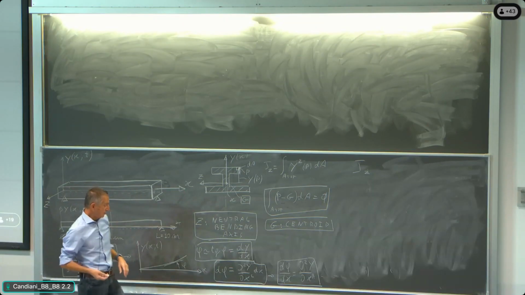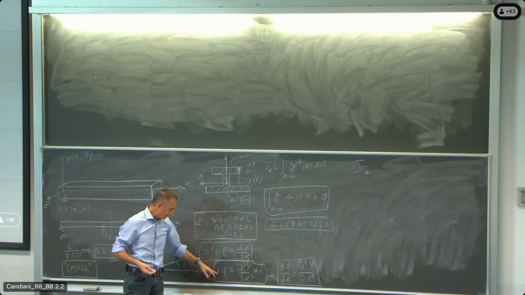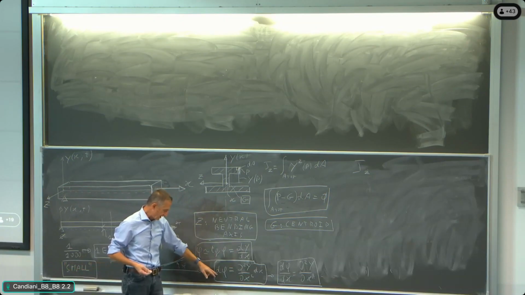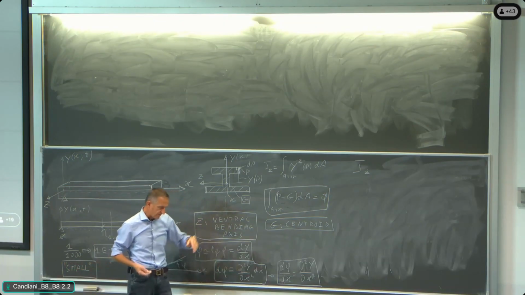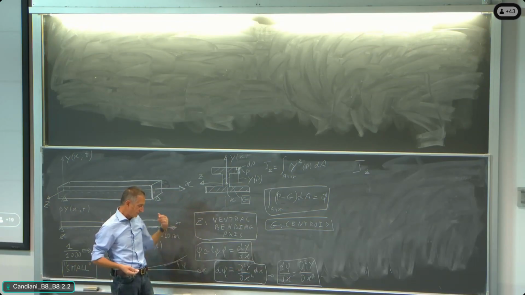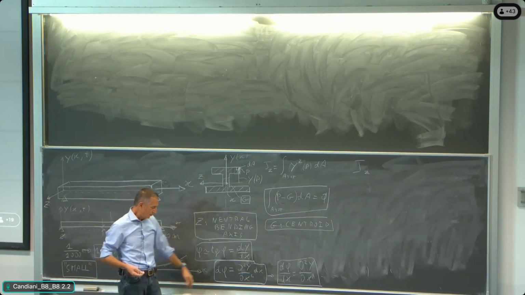And so what we say is that finally the infinitesimal increase of the angle, dphi, is the second order derivative of the displacement with respect to the x coordinate, multiplied by dx.